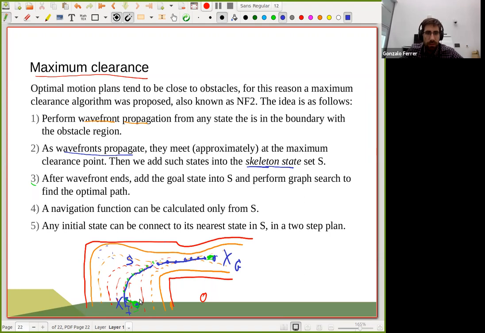This is also proved to be a navigation function, because for instance, this could be your initial state. This is number 2. And then you just do the same, right? So you just connect to state S and then do again graph search over this skeleton. So this is another example of a discrete navigation function.